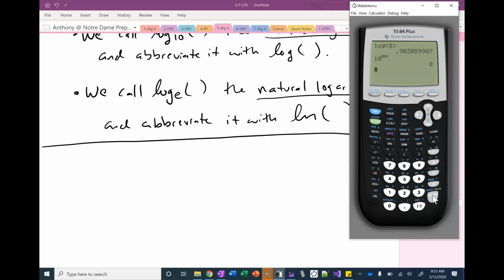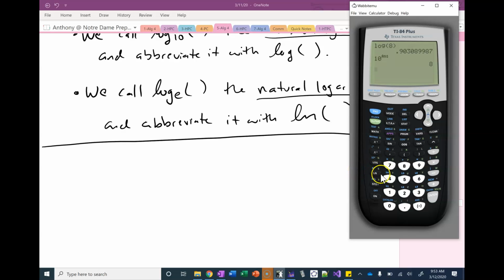Does everybody see that? Why 10? That's the base for the logarithm, right? Remember that when we write log, what base is on that logarithm that we don't write down? 10.